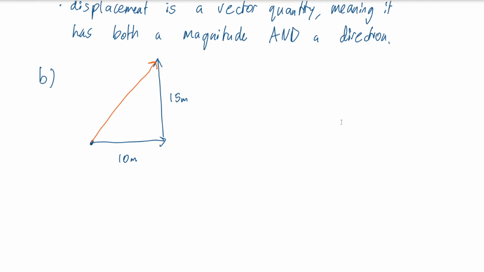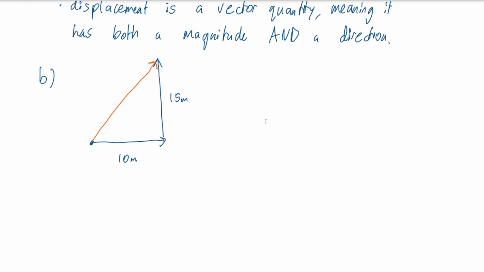Right? When we add vectors, we add them by connecting the tail of the first to the head of the last. With two legs, two vectors, it's a lot easier to see this. When you have multiple vectors, it can be a little bit harder, but just remember that rule: tail of the first vector to the head of the last vector.